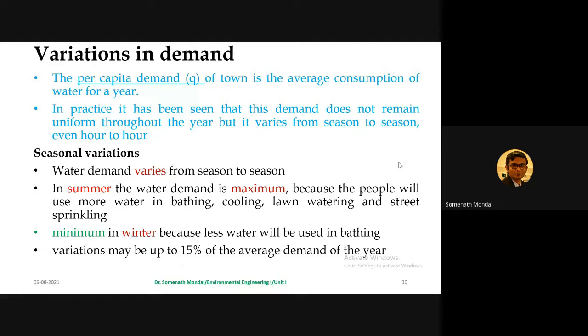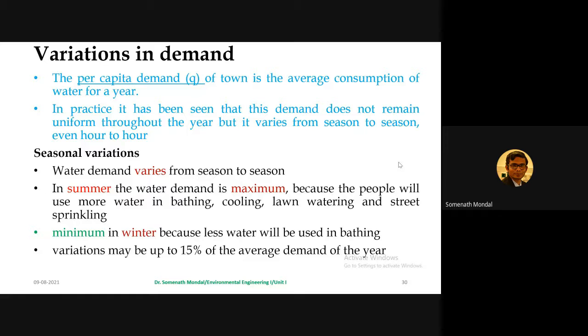So what we are doing is taking the annual average daily consumption. Fine. However, in practice, it can be seen that this demand doesn't remain the same or uniform throughout the year, because as I mentioned, the temperature variations and rainfall variations are different in different seasons. So depending upon the season, the demand would be different.